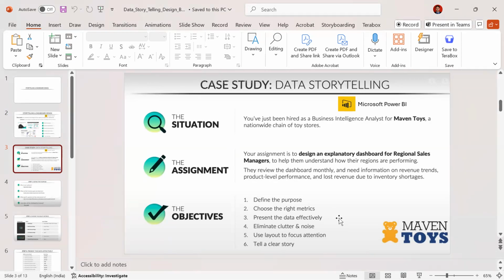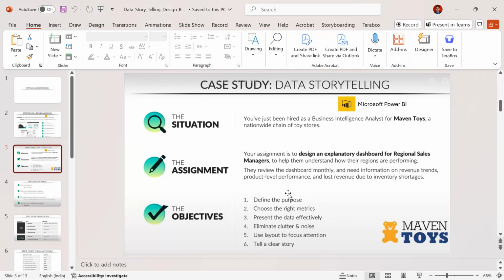So which metrics do I need to consider, how to present the data effectively, how to reduce the noise, how to change the layout, and finally how to tell the story, which we conclude. All these 6 steps, for every dashboard you have to follow the same. Even if it is an enhancement, you have to follow the 6 steps.